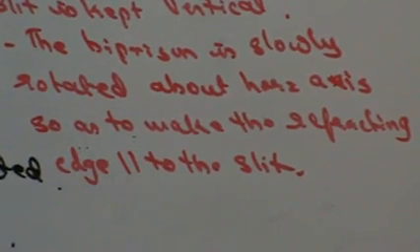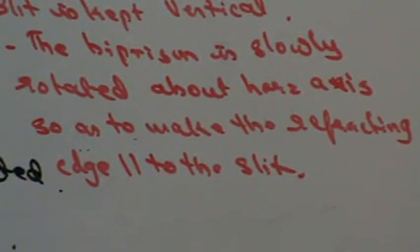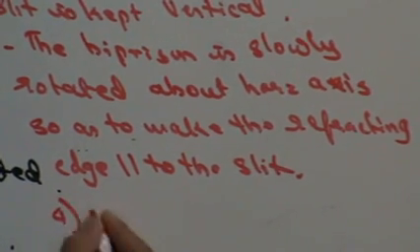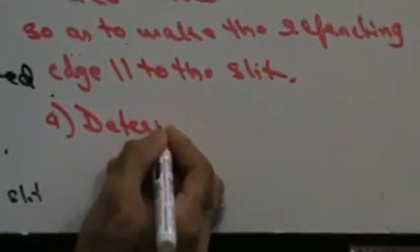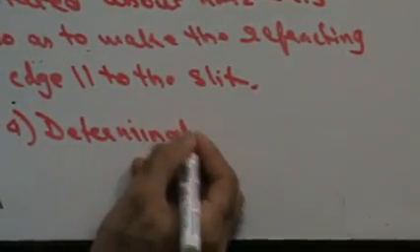Now, let's see in Fresnel's biprism experiment, how do I determine the wavelength of light? Determination of wavelength. The wavelength of monochromatic light can be determined by using Young's double slit experiment.